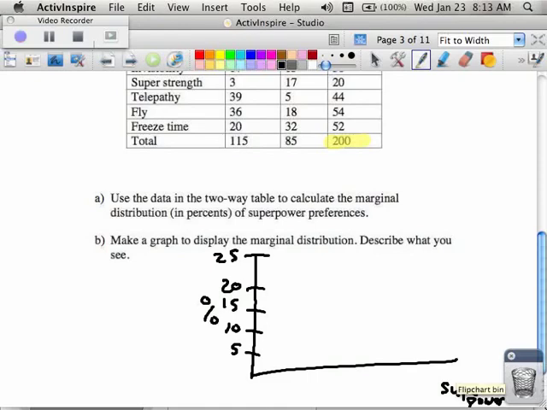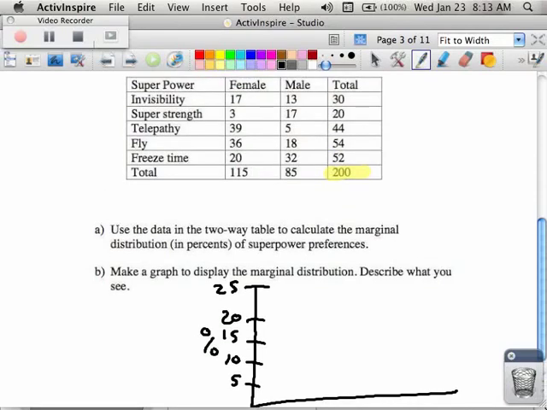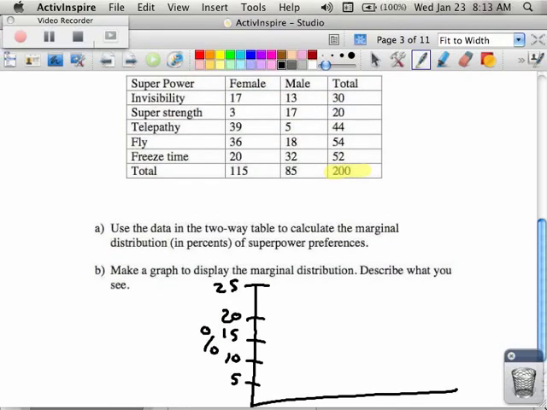And then I can calculate these off to the side. So I need to figure out, off to the side, sorry this doesn't really go the way I need it to, which different superpowers I have. So first of all, what I want to know is what's the superpower that I have. And then what I want to know is the percentage that contain that superpower. So the first superpower is invisibility. If I look at invisibility, and if somebody could please calculate the 30 divided by 200, 15% I'm thinking, right?